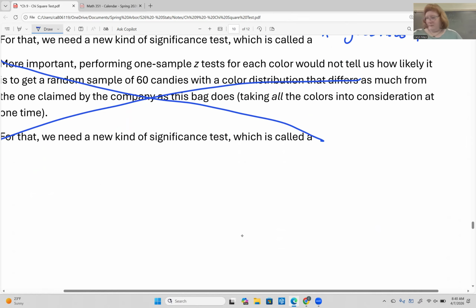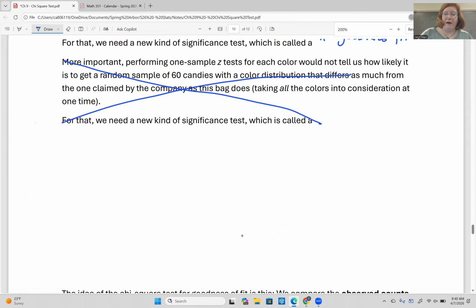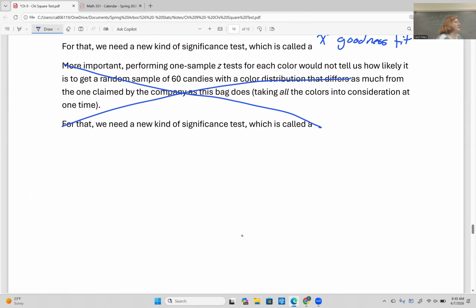The hypothesis in the goodness of fit test then becomes our null hypothesis is what the company claimed. So the probability of blue is 0.24.